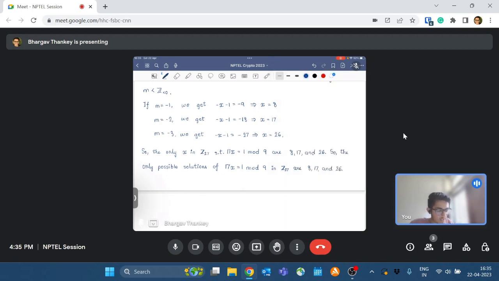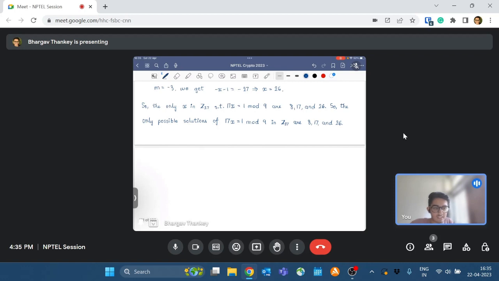So these three are the only possible solutions. However, not all of these need satisfy the equation. These are just possibilities, just candidates. So now let's see how many of these are solutions.